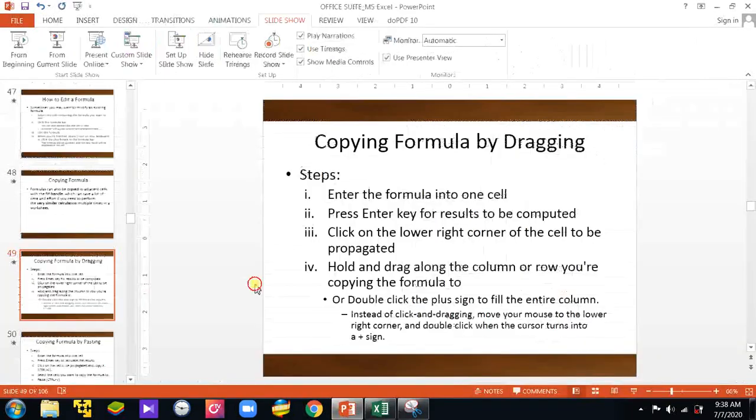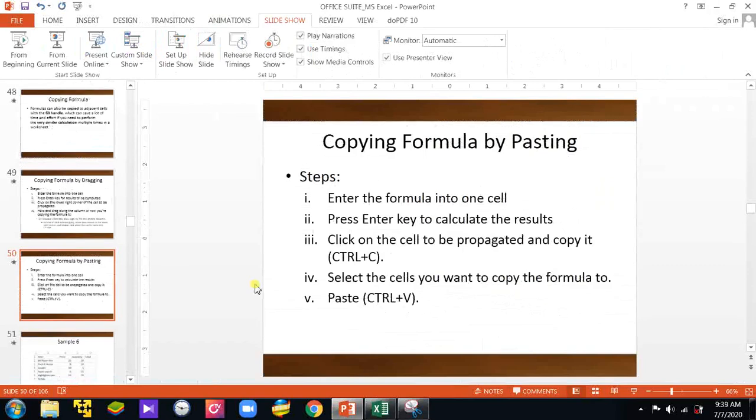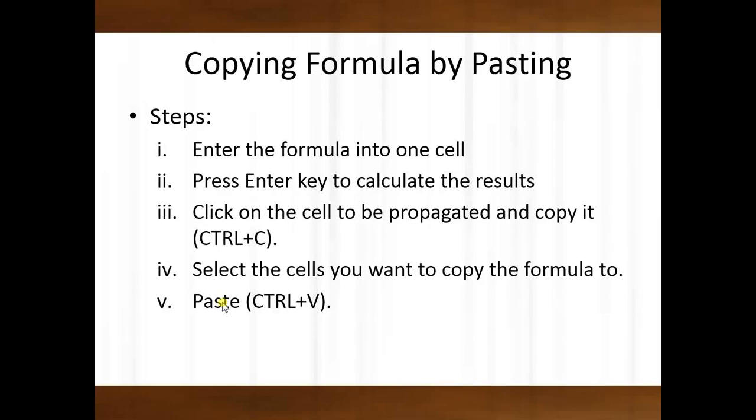The alternative for copying formulas is by pasting, and the steps are given to us as follows. Step 1, you enter the formula into the first cell to contain results. Step 2, press enter key to calculate the results.